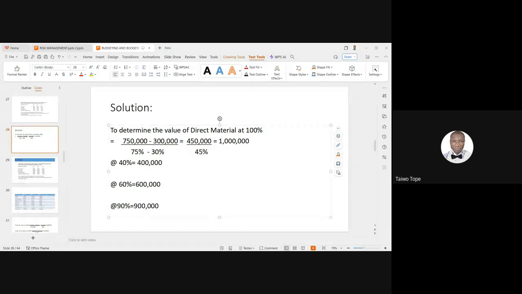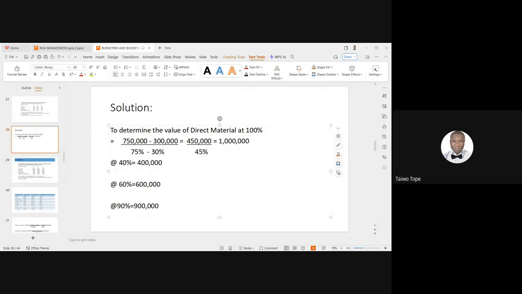I say whenever we have a range of activities, you have 40%, 60%, 90%, 1%, 10%, 15%, and you have arrays of activity, you need to look at the highest and the lowest between the values of activity given, or the cost or the unit of activity given. At that point, you don't need anybody to tell you we are going by the high-low approach.